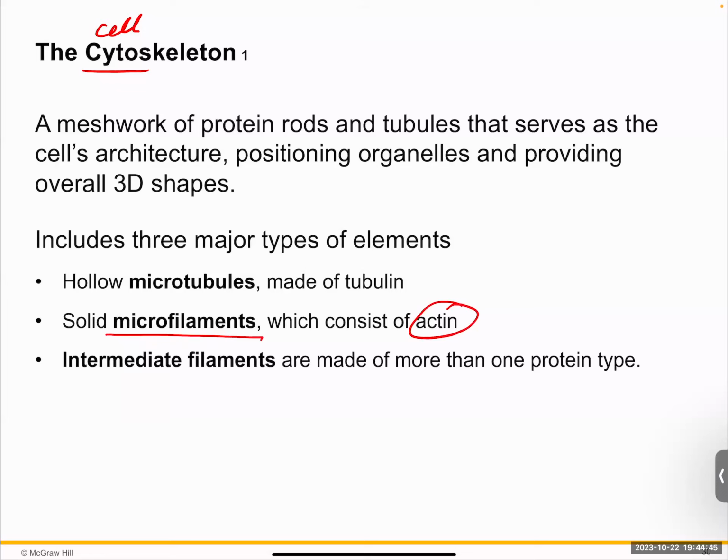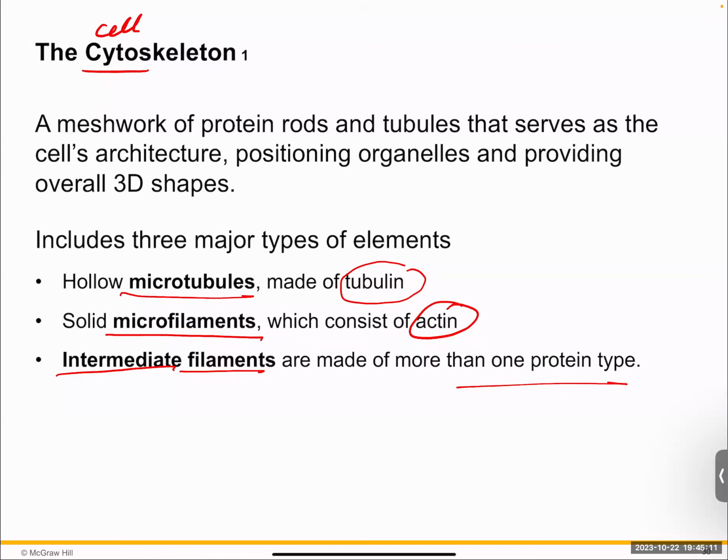You have a slightly thicker cytoskeleton called intermediate filaments, which is easy to remember, and they're made up of more than one type of protein. And then the third one, which looks like an empty cylinder or tube, is made up of a protein called tubulin, and we refer to those as microtubules.